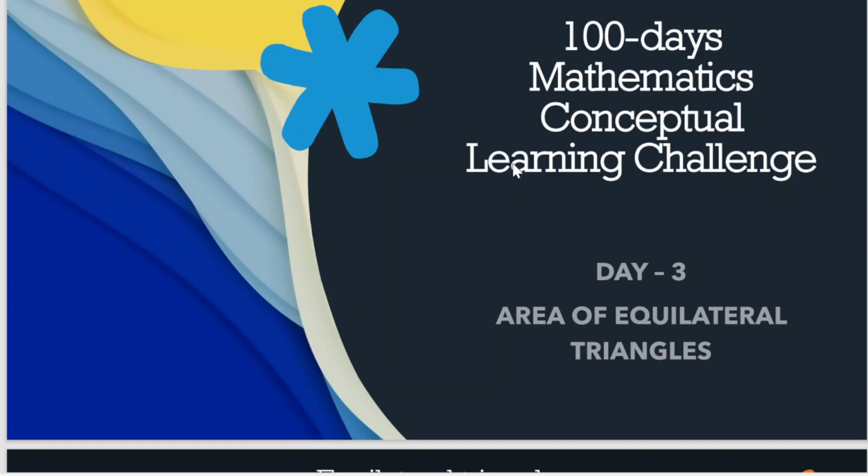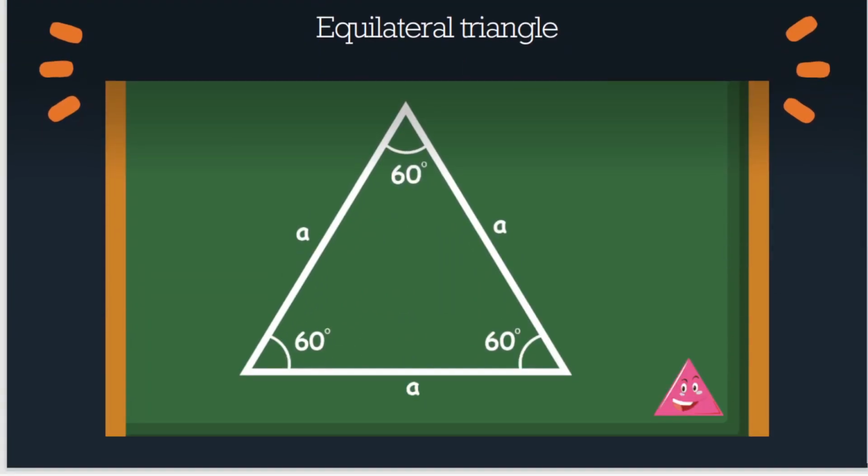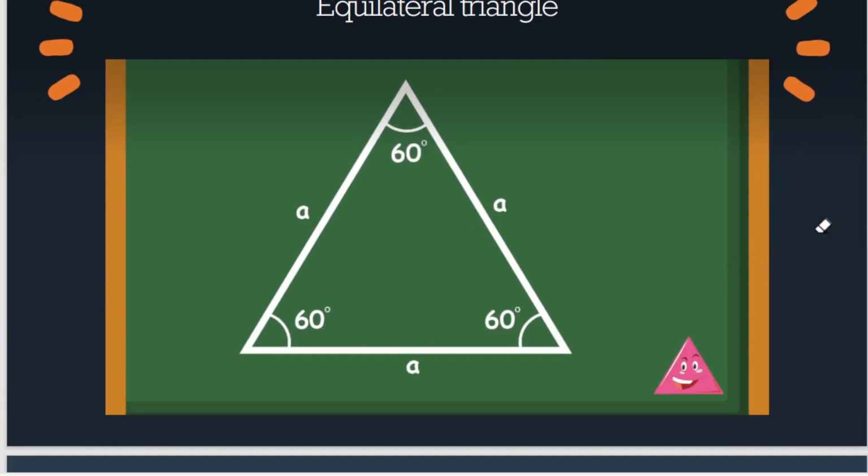So, what do you mean by an equilateral triangle? An equilateral triangle means a triangle whose all its sides are equal. You can see the length of the sides of this triangle is a unit, and the second point, that all its angles are also equal.